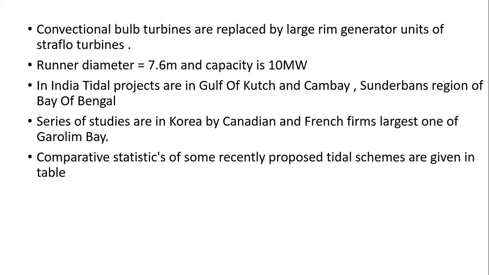Though this type of turbine has been used for many years in Europe, its runner diameter is limited to about 2 meters only, due to sealing problems at the runner periphery.